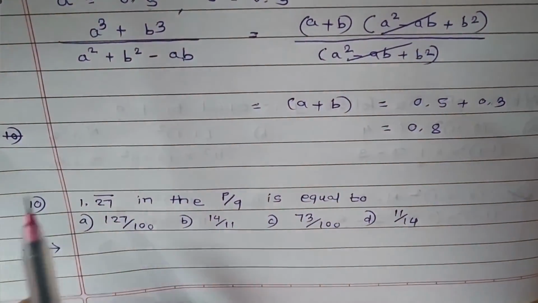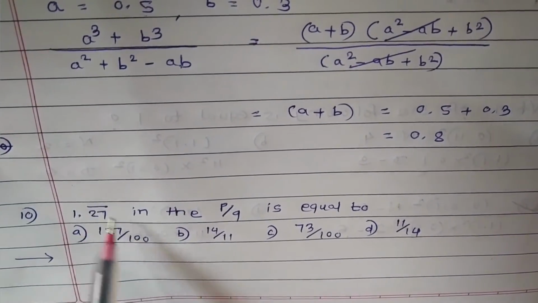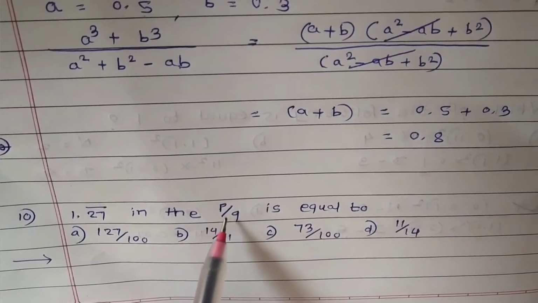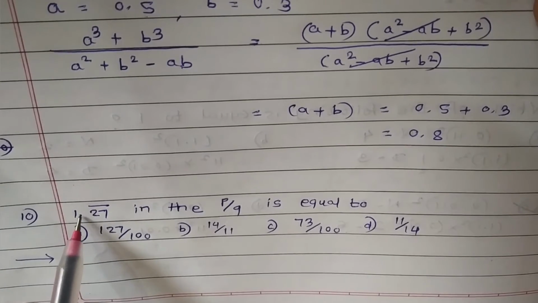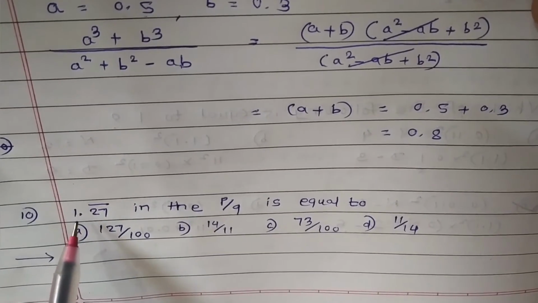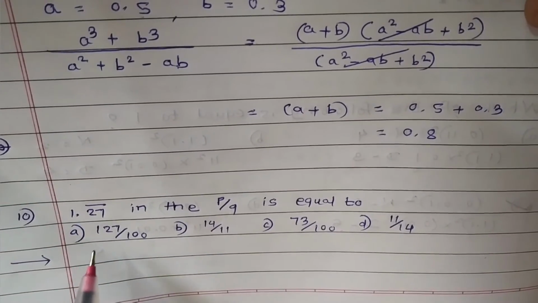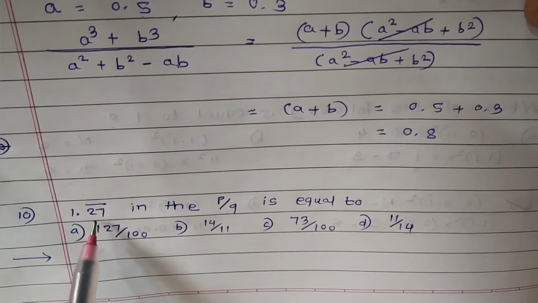Next example is 1.27 bar in the form p by q is equal to what? I have discussed many examples of such fractions in previous videos. This is a pure recurring decimal fraction.